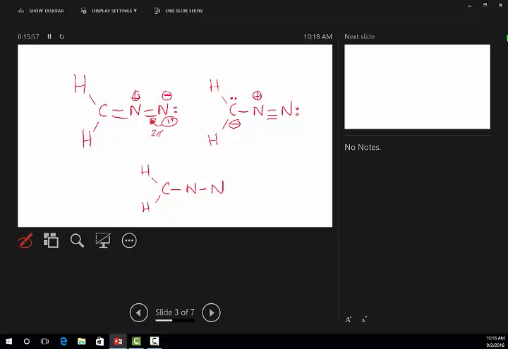The middle nitrogen has, somebody has 5 bonds. The nitrogen. This nitrogen would have 5 bonds. The middle nitrogen would have 5 bonds. So I have to do something else. I have to take this pair of electrons in this double bond and give it to the carbon. So I have to break the CN double bond and give that lone pair to the carbon.